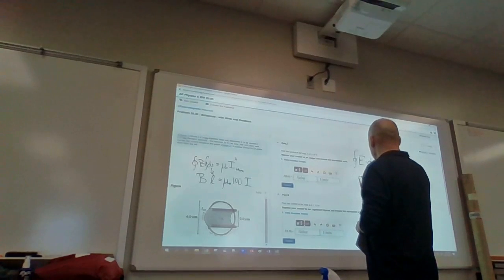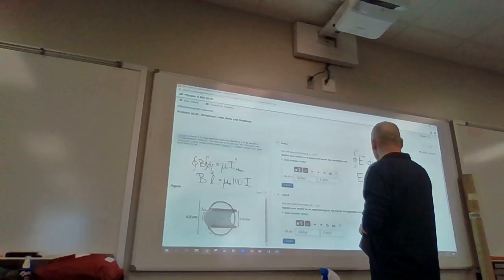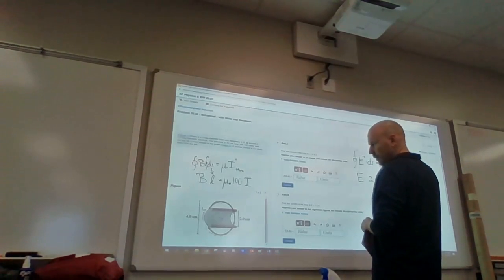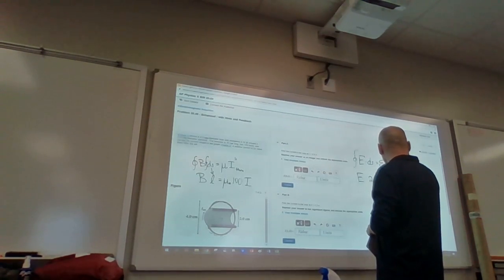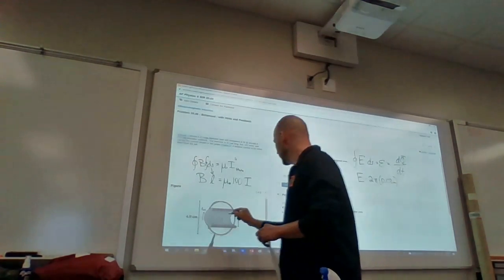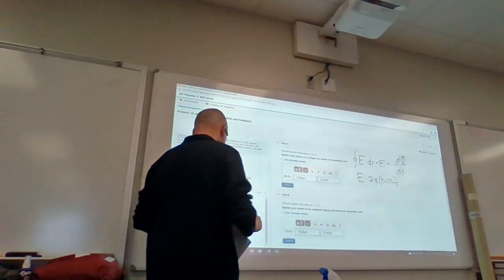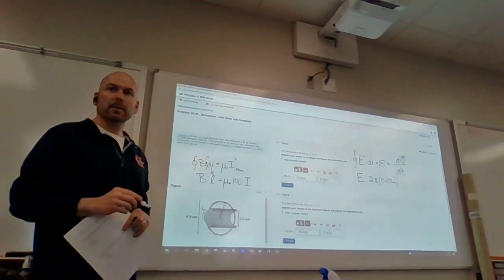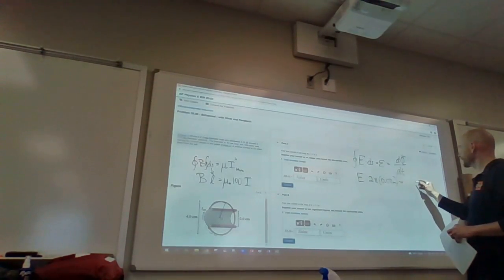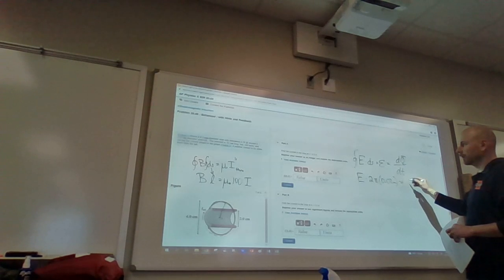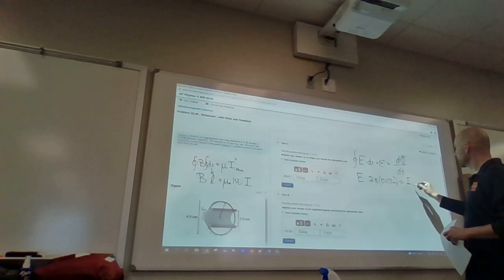So I've got my electric field times 2 pi by 2 centimeters, meaning the radius of this is 2 centimeters, is equal to current times my resistance.